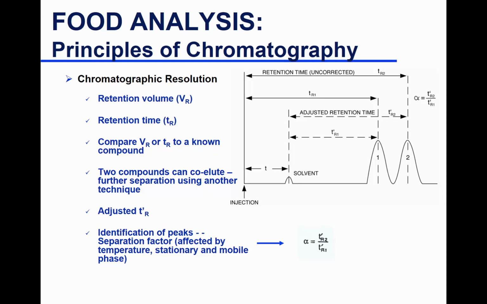Okay, so some terminology that you need to learn to help us move forward with explaining resolution or separation of two peaks. You will hear retention volume. From the name, what does it mean? Retention, what is retaining on the column?